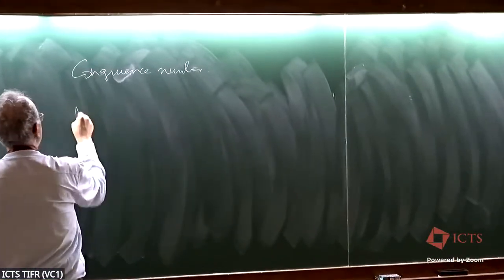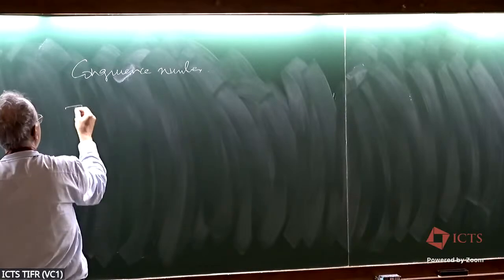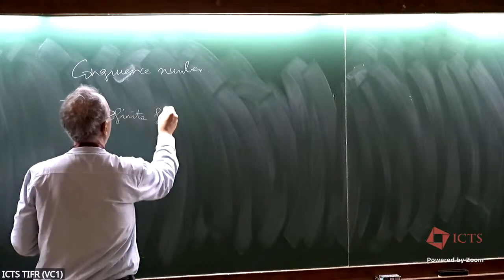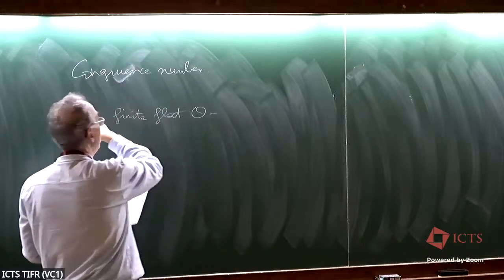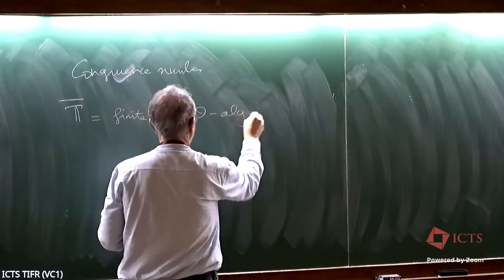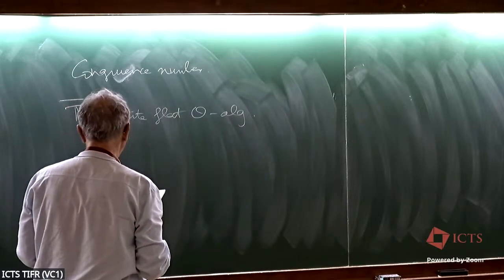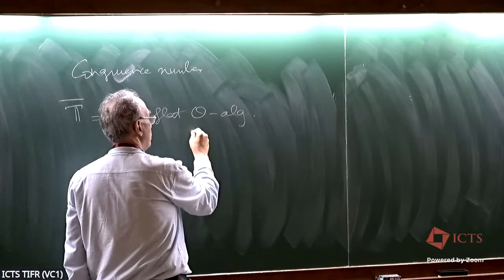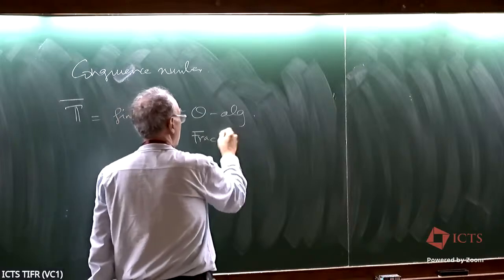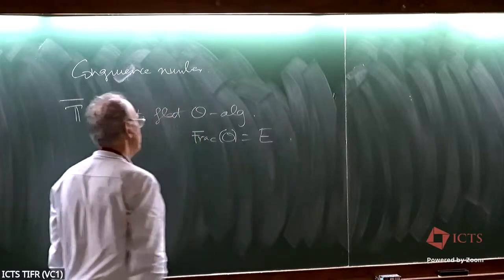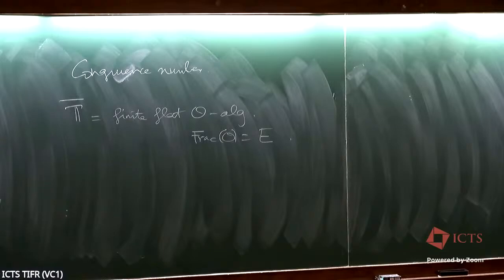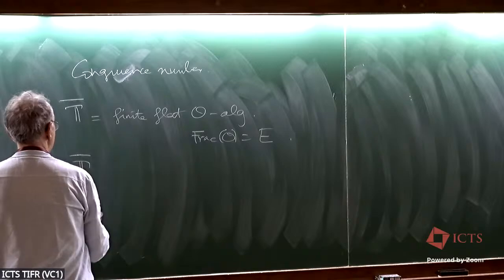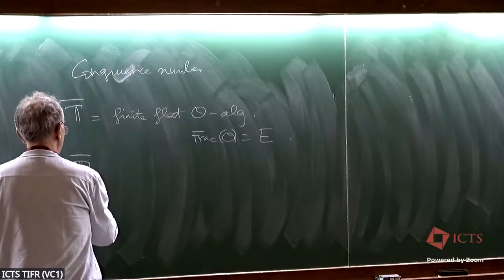So we have this algebra T, but as I said, we go modulo torsion. So it's a finite, flat O algebra because I killed the torsion. I remind you that the field of fractions of O is the field E, which is a sufficiently big p-adic field, and so we tensor this ring by the field of fractions.